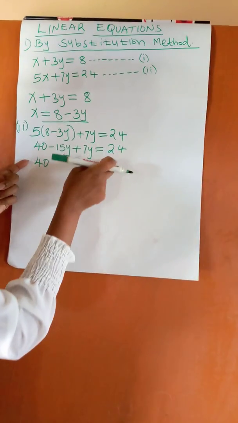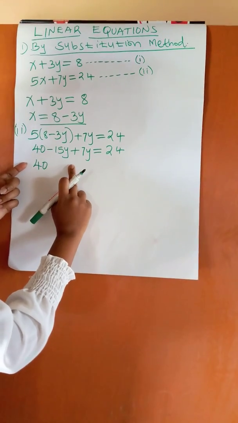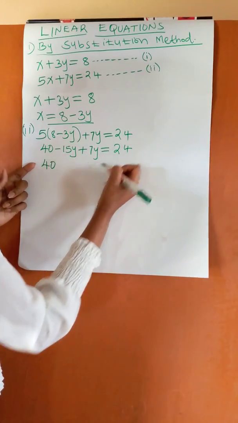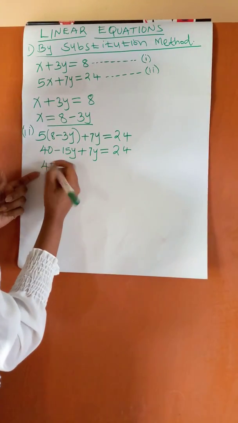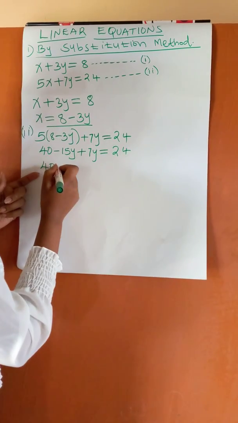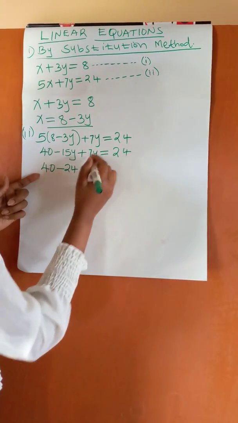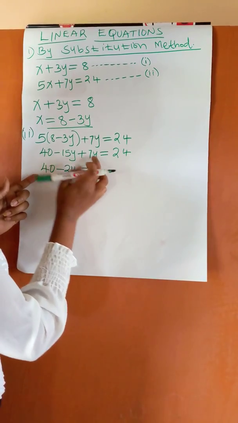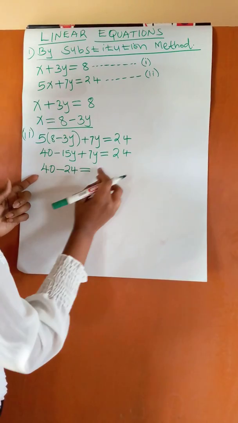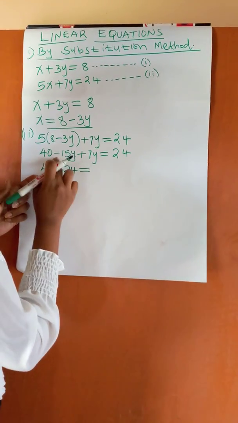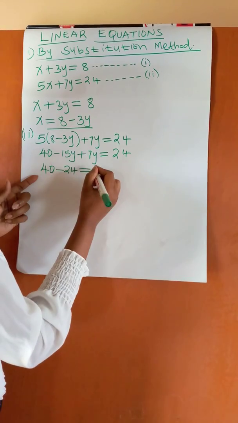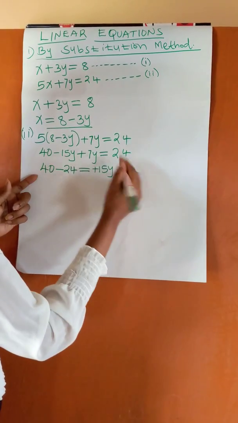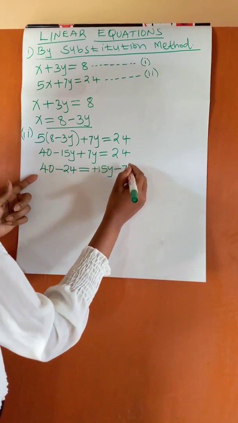So what we do is you bring it to this side of the equal sign, and then remember the sign changes. On this side, it is positive. When it crosses to the other side, it becomes negative 24. So we write an equal sign, and then we take these two and cross them to the other side of the equal sign. So negative 15y becomes positive 15y, and then positive 7y becomes negative 7y.